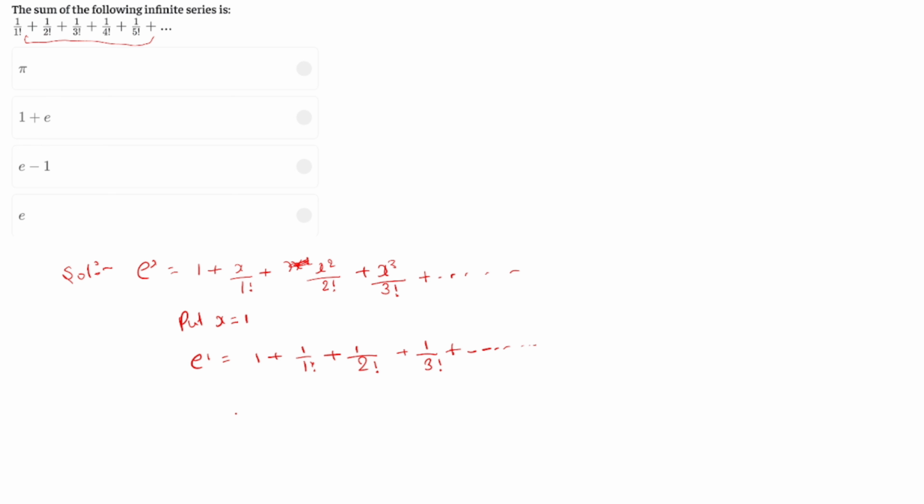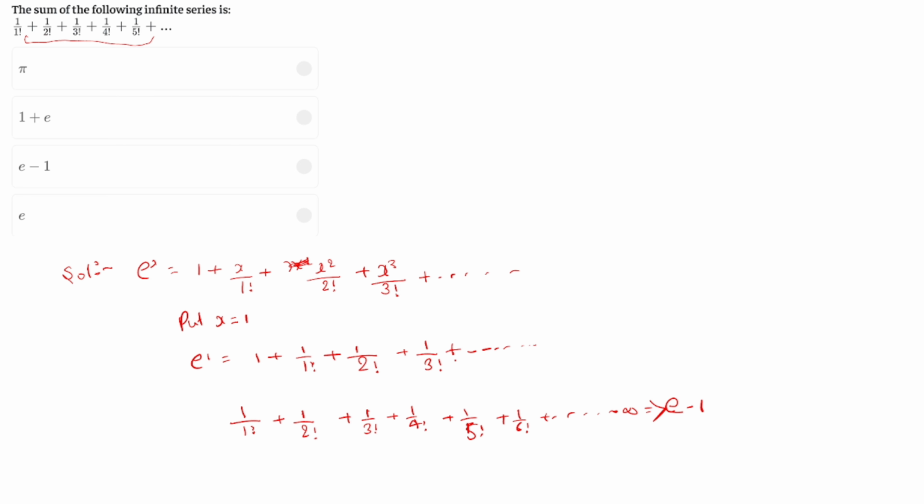So we can write it like this: 1 by 1 factorial plus 1 by 2 factorial plus 1 by 3 factorial plus 1 by 4 factorial, 1 by 5 factorial, 1 by 6 factorial, going to infinity.